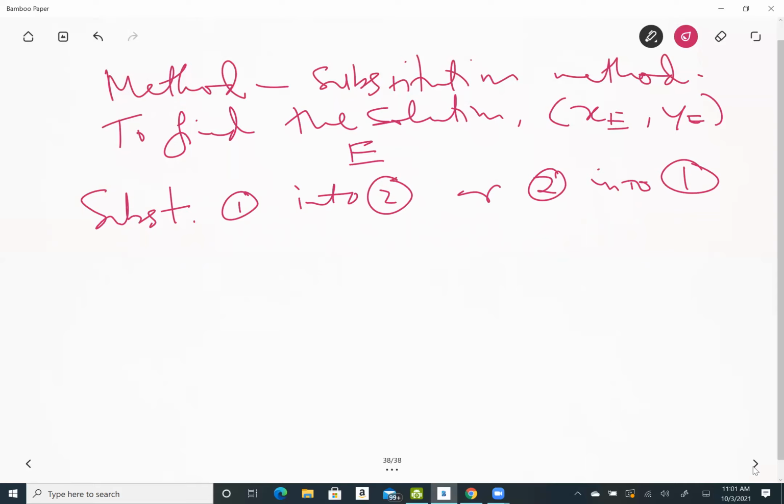If you substitute 1 into 2, then what you get will be m1x plus b1 equal to m2x plus b2.